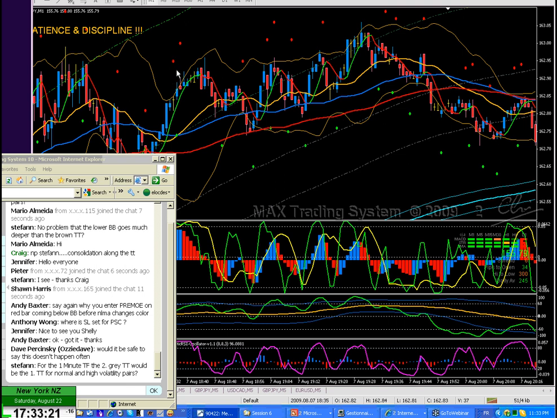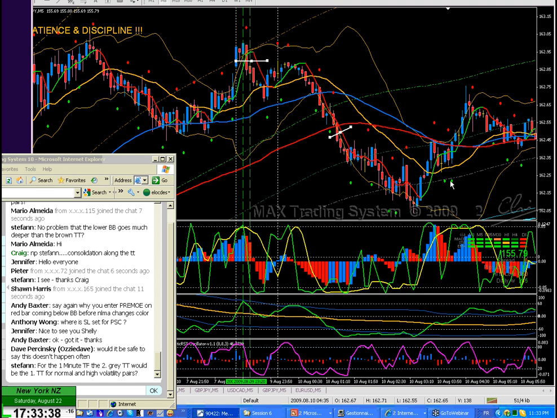So for the normal and high volatile pair, you will take your primo at the third or more TT, and for the low volatile pair on the second TT. I just explained to you a few minutes ago that for the 5 minutes I have for my own use this special case of the TT, which normally must not appear on the template. Remember that. Normally this gray TT must not appear on the 5 minutes.